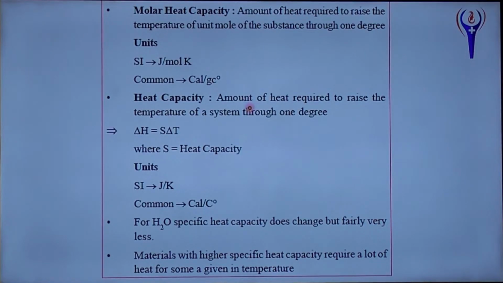Delta H equals S into delta T. And its unit is joule per Kelvin. Heat capacity unit is joule per Kelvin. Specific heat capacity is joule per kilogram per Kelvin, and heat capacity is just joule per Kelvin. Common unit calorie per degree Celsius.